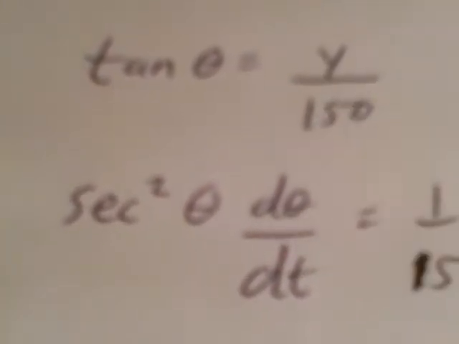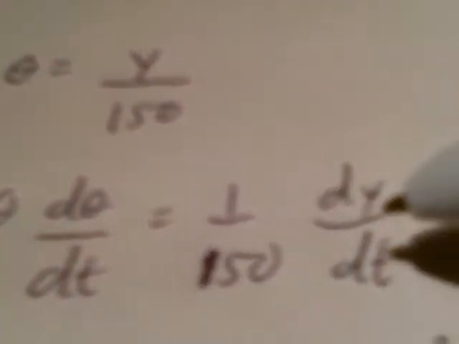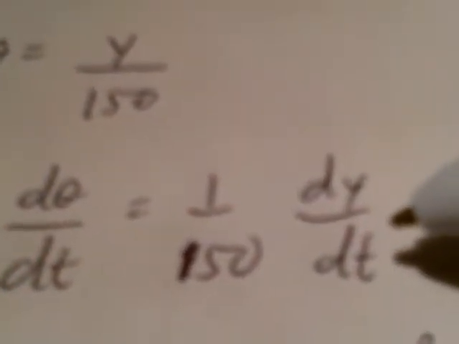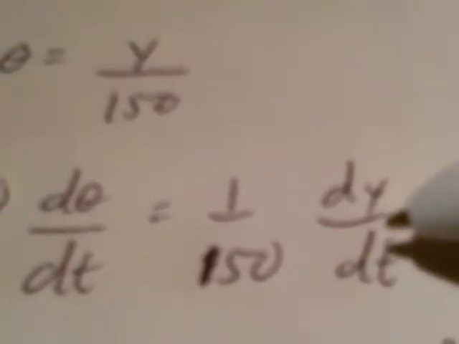And then we go ahead and take the derivative of that. So the derivative of tangent theta, of course, is secant squared theta d theta/dt, remembering that, of course, theta is inside the function, so we got to do the derivative of that too, equals 1/150th dy/dt. And the 150 is constant, so it just kind of disappears, and we just have dy/dt.